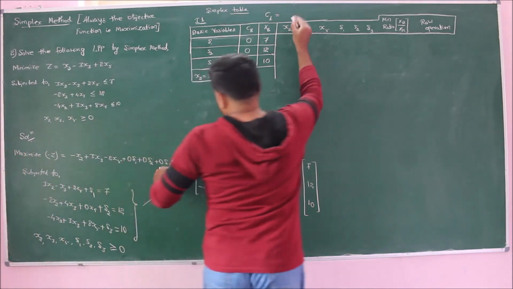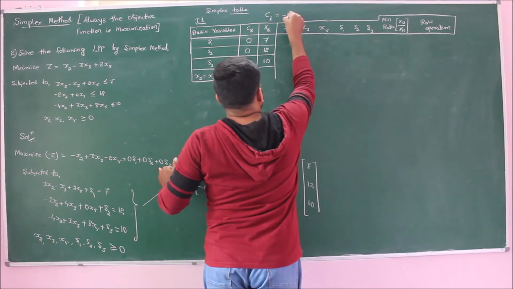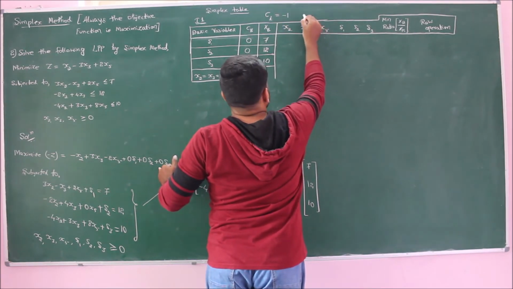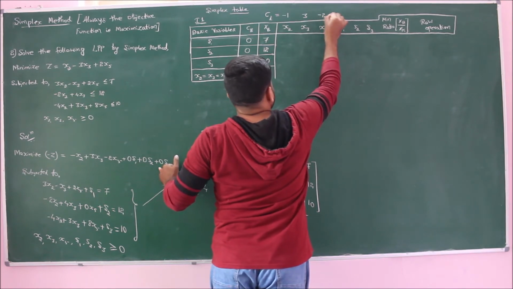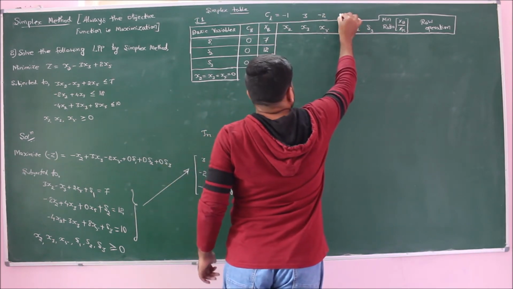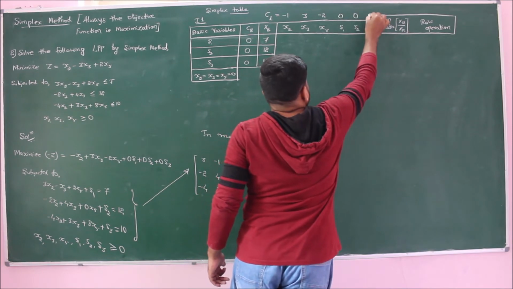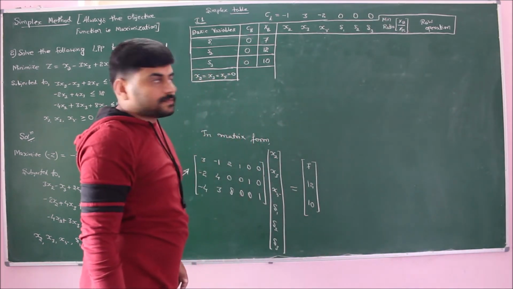So entering their respective values, coefficient of x2 is minus 1, x3 is plus 3, x5 is minus 2, and s1, s2, s3 all have the coefficients 0, 0, 0.